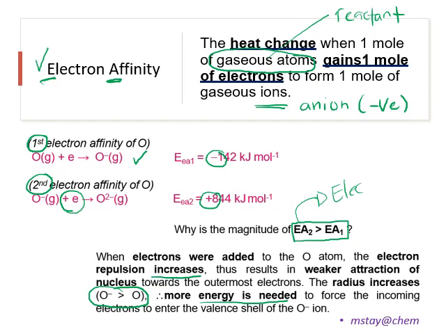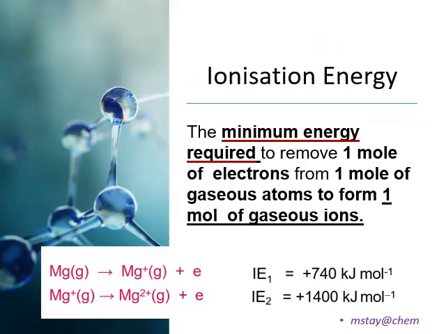In simpler words, once you already have an electron, as more and more electrons come in, the electron repulsion becomes stronger, so the new incoming electron needs to absorb more energy.